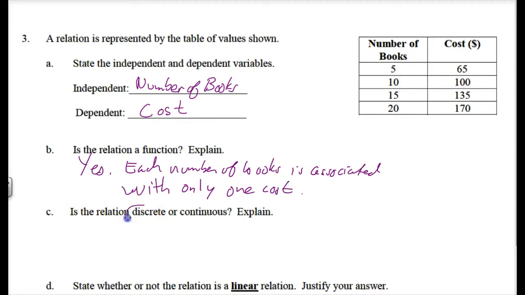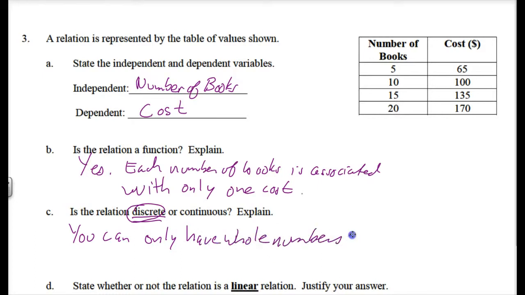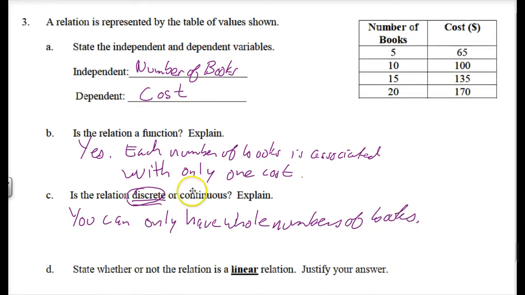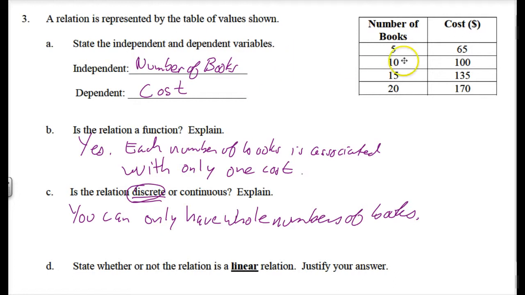Is the relation discrete or continuous? We'll go with discrete. Well, you can only have whole numbers of books. State whether or not the relation is linear. Okay, so if we go up by 5, we go up by 35, up by 5, up by 35, up by 5, up by 35.